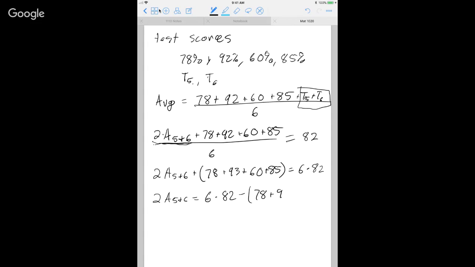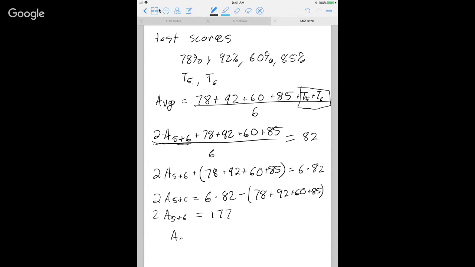78 plus 92. Ooh, a little error there, that should be 92. 92 plus a 60 plus an 85. All right, and if we do that out, we come out to 177. So we have 2 of the average of 5 and 6 is equal to 177.